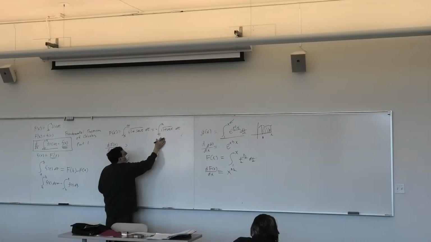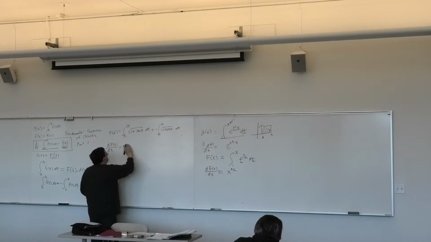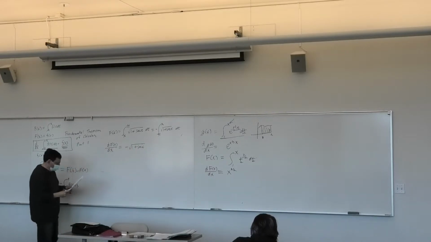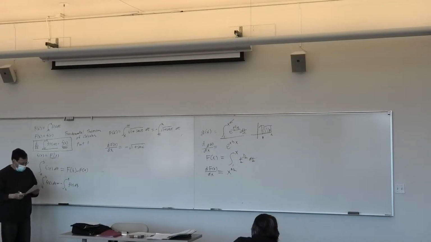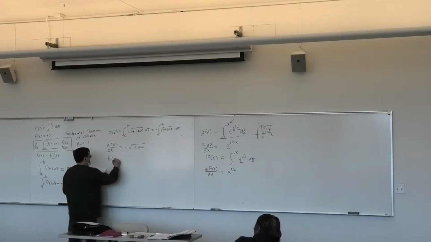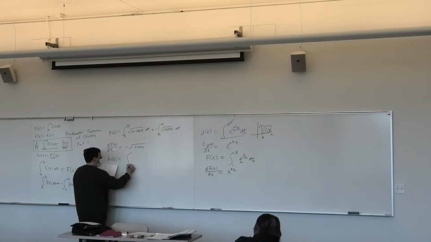Well, now we can use the fundamental theorem, and we can get that the derivative is what? Just negative square root of 1 plus secant of x. All right, now we have one that's truly a little more tricky. Here we have a function which is the integral from 0 to x squared.